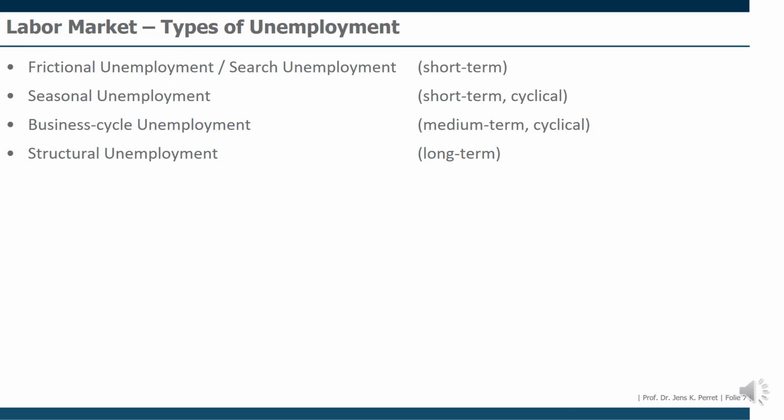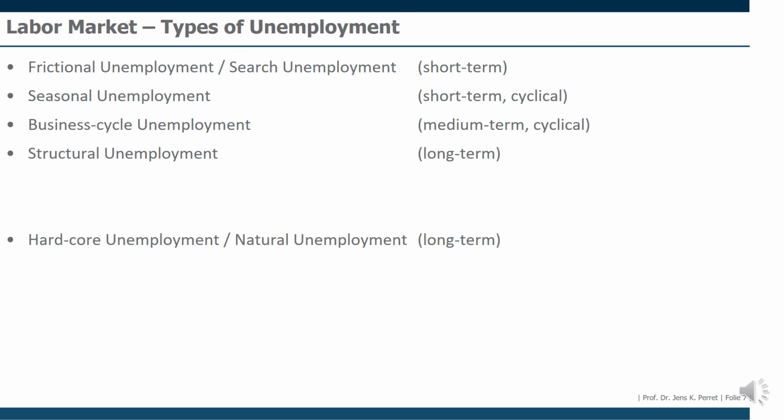So for example, if you've been working in mining for a long time, then mining is phased out and only new jobs in marketing are found. So it's pretty hard to switch from being a miner to working in marketing. So the fact that some jobs are just phased out might lead to long-term unemployment, which here is called structural unemployment.